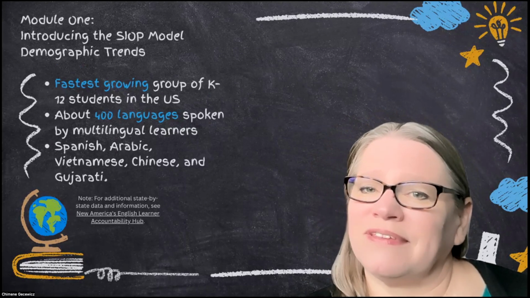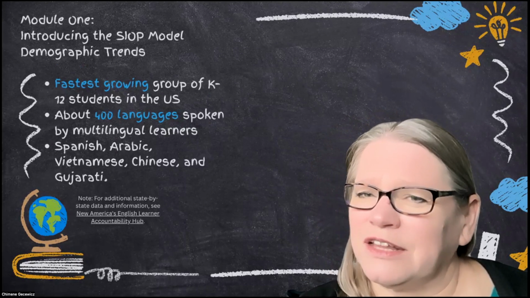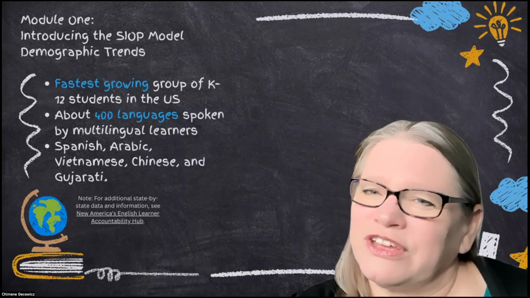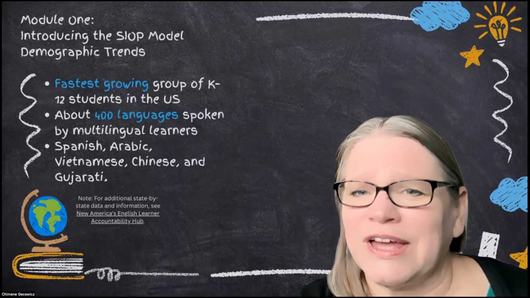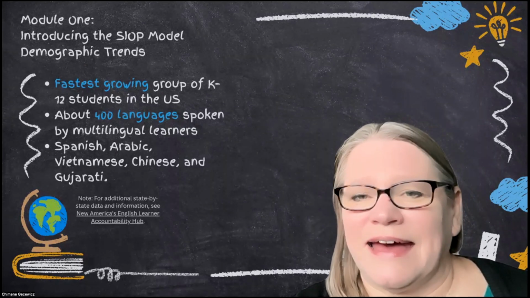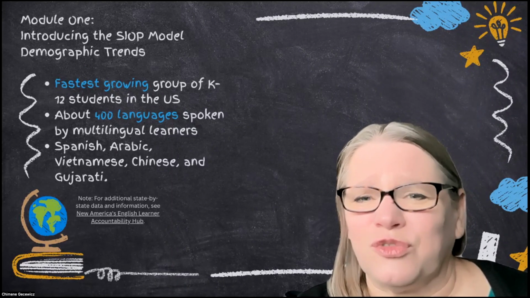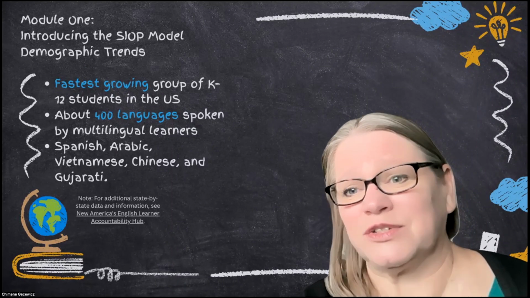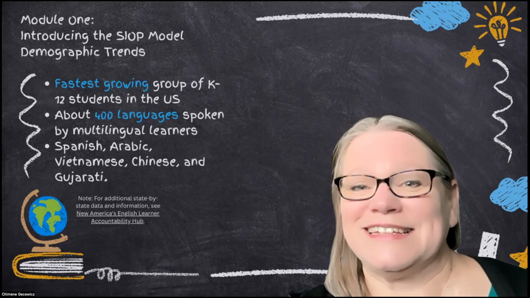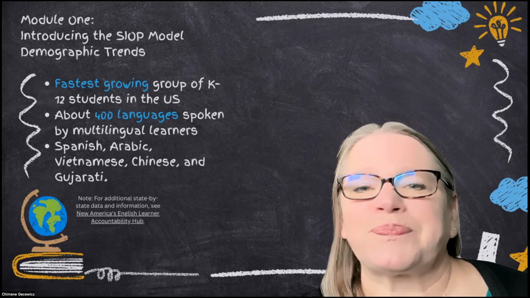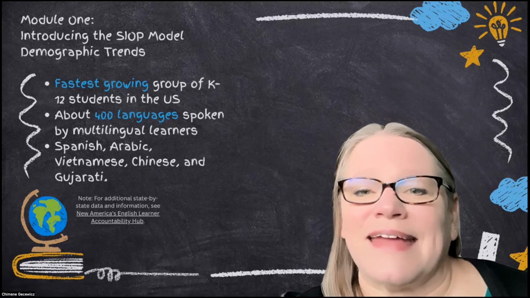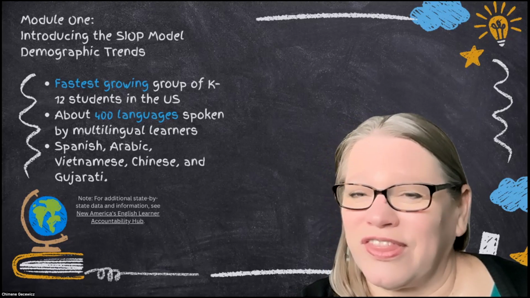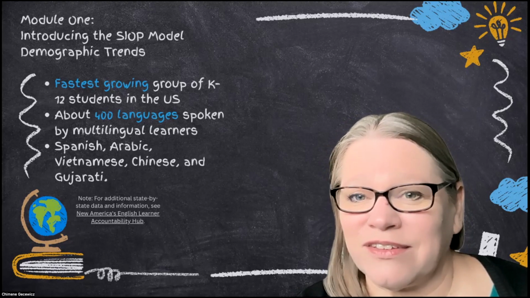And although Mississippi traditionally has had lower numbers than states like California, Texas, Florida, and New York, Mississippi's EL population is growing rapidly, as anyone who has been in a school recently can tell you. The state is now serving more than 12,000 identified ELs.